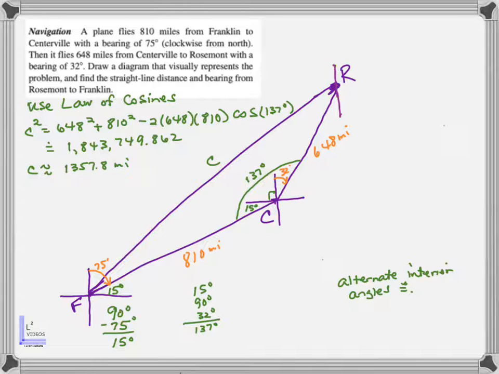We've answered the one part, the straight line distance, but now we need the bearing. If we want the bearing from Rosemont to Franklin, we need to know the angle from due north all the way around to this line.